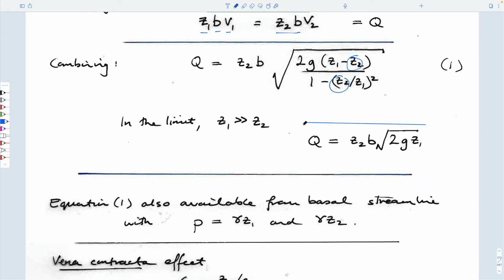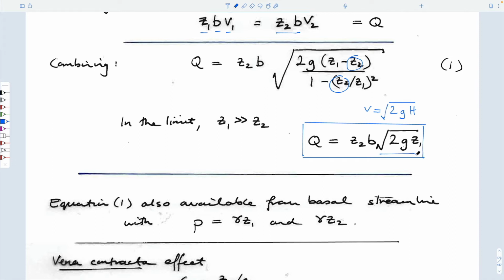And of course, this is very familiar to you. This is the free jet equation, right? Remember, velocity of a free jet is equal to the square root of 2gh. And that's exactly what this right term is.